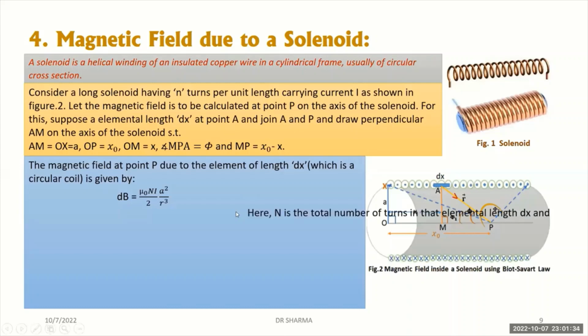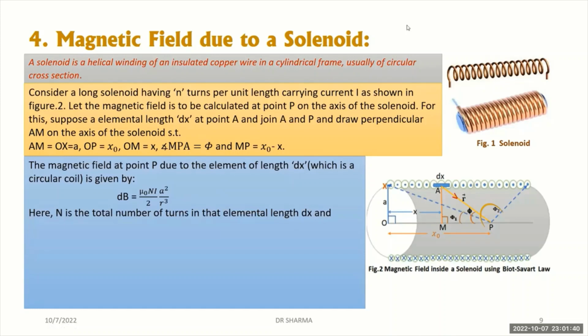Here, capital N is the total number of turns in that elemental length. If small n is the number of turns per unit length of the solenoid, then from the definition, total N will be equal to small n times dx.